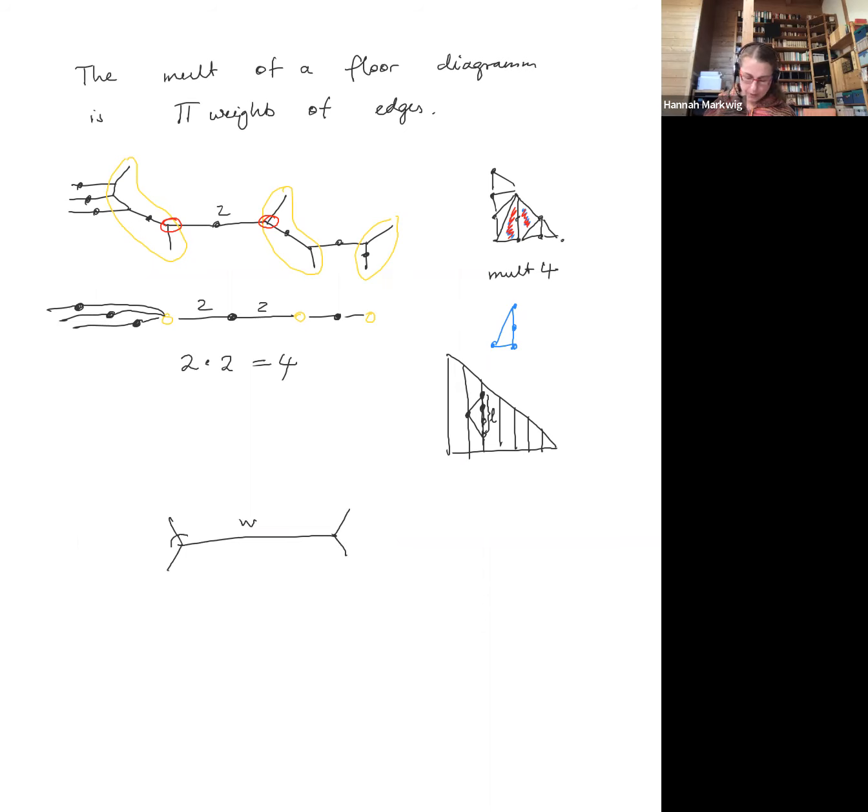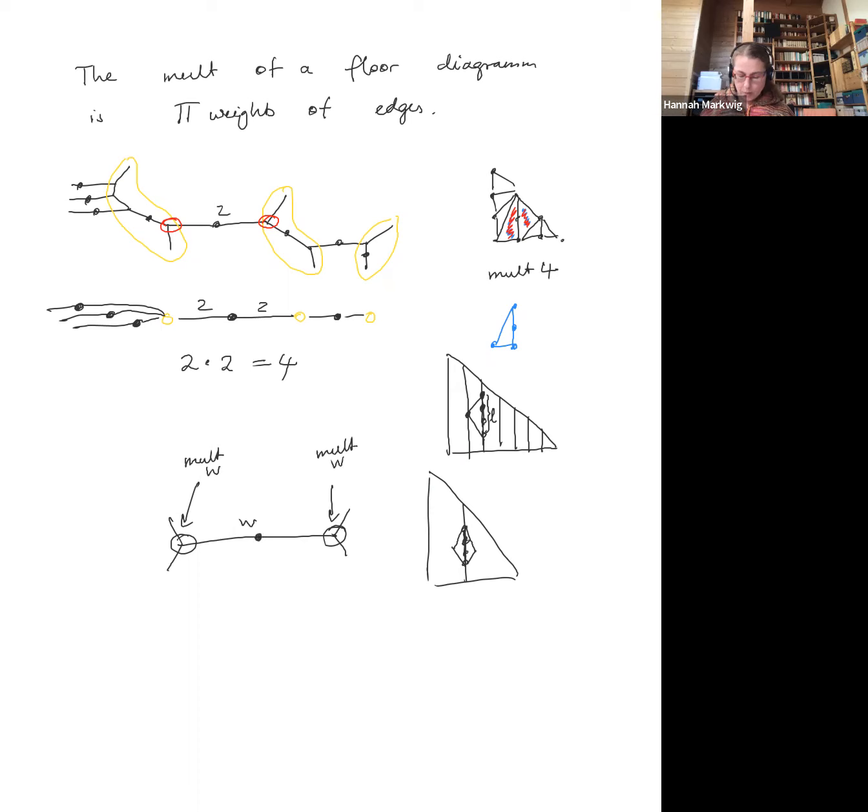And those two vertices will be dual to, this is my weight W. This is dual to my weight W elevator. Adjacent, I have two triangles that will be of area W, which is the same as the weight of my elevator. So this vertex has multiplicity W. This vertex has multiplicity W.